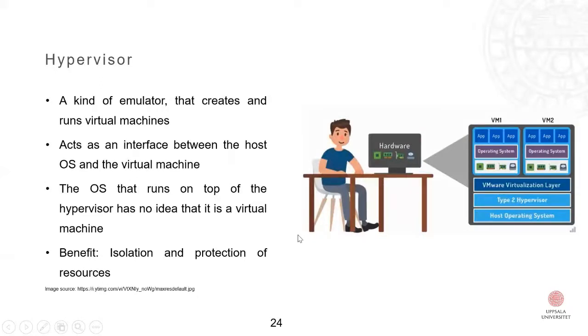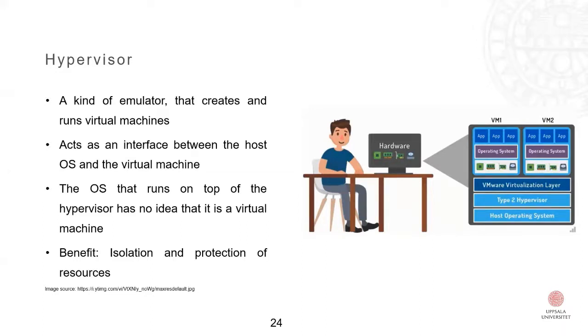In order to have this capability, one has to use something called a hypervisor. A hypervisor is a kind of emulator that creates and runs the virtual machines. So it acts like an interface between the operating system which is installed on your computer, called the host operating system, and the virtual machines that are used in your system.